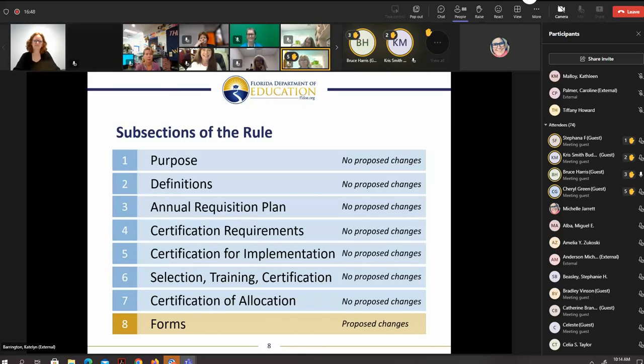Okay. A couple of things. I'm curious because you say forms. I'm assuming the only form that's being changed is 8D, as appears in the rule, which is the training for library media specialists.